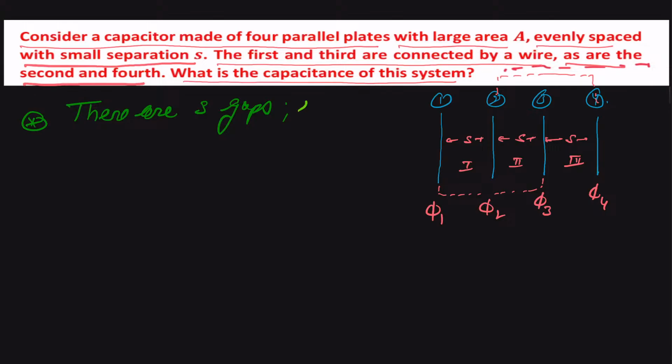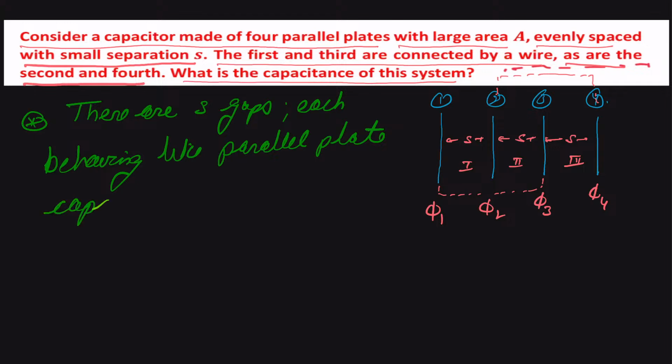And for a parallel plate capacitor, if their capacitance is C0, then C0 will be equal to epsilon A upon the space between them, that is our S.